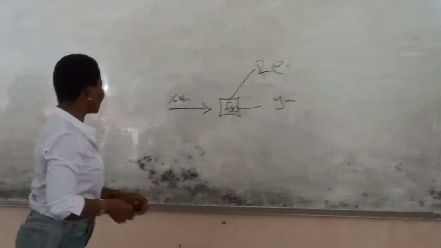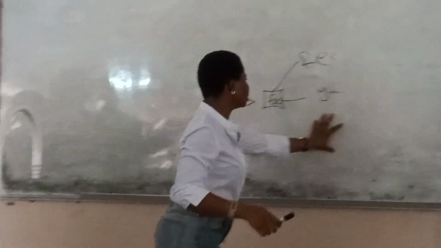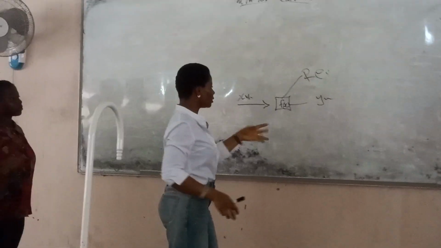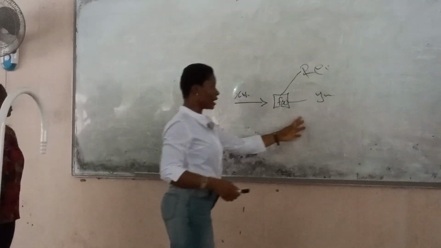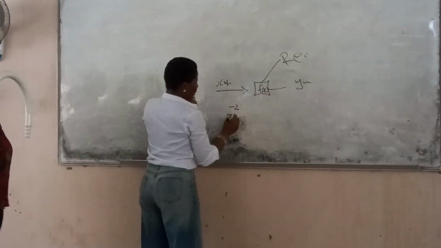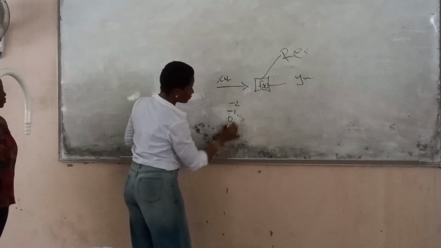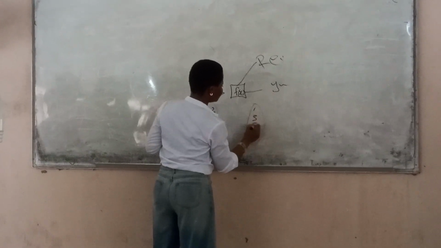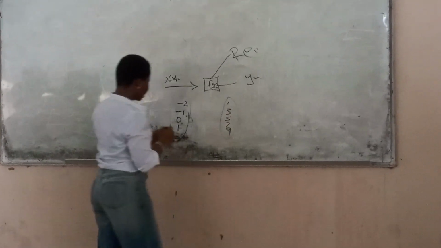Moving on, we can have different types of relation, or let's say mapping or association. We have 3 types.